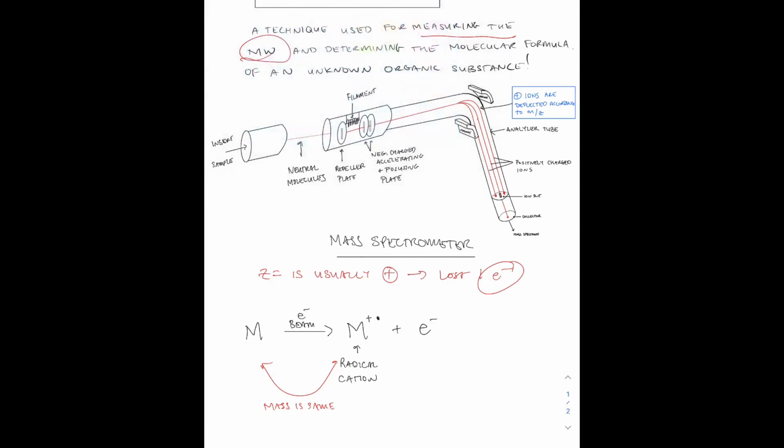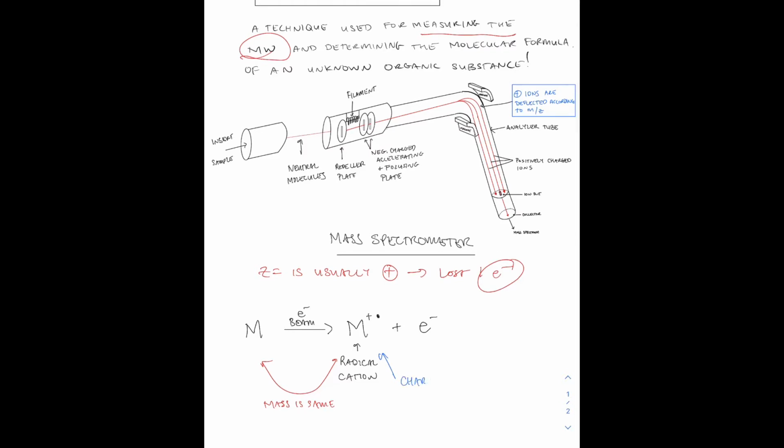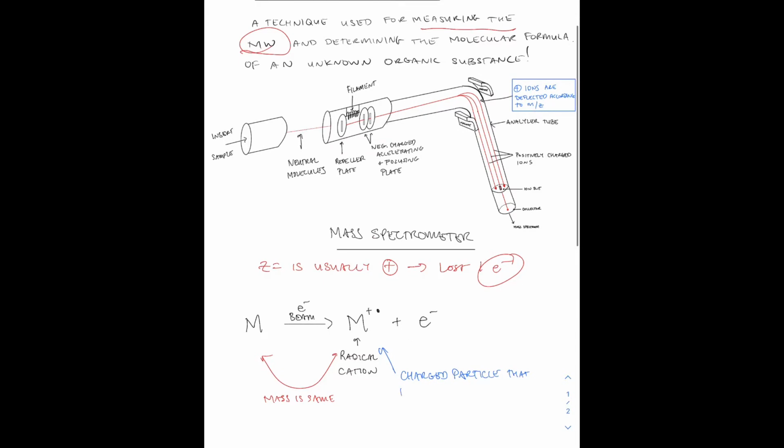Okay, and this is the, oops, sorry, let me change that color. So this is the charged particle that flies in the magnetic field. So charged particle that flies through the magnetic field.